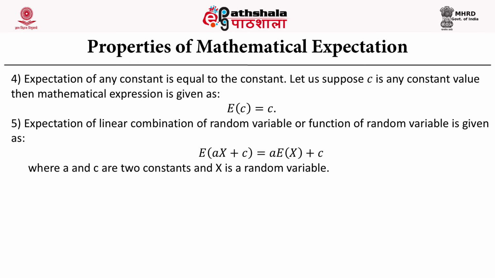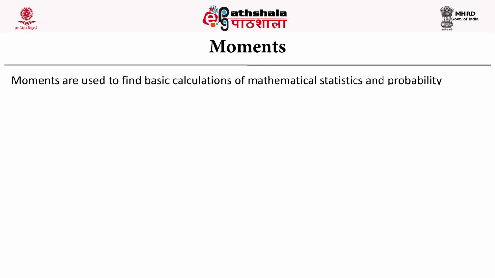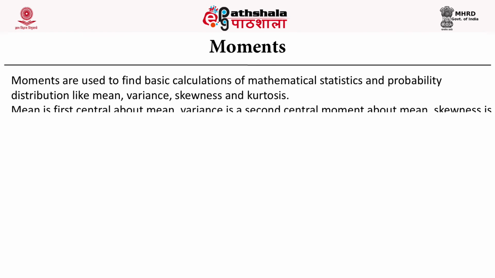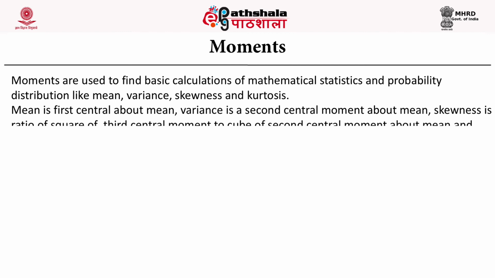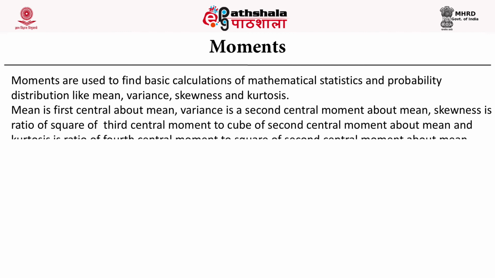Now we will discuss how moments can be found from these mathematical properties of random variables. Moments are used to find basic calculations of mathematical statistics and probability distributions like mean, variance, skewness and kurtosis.